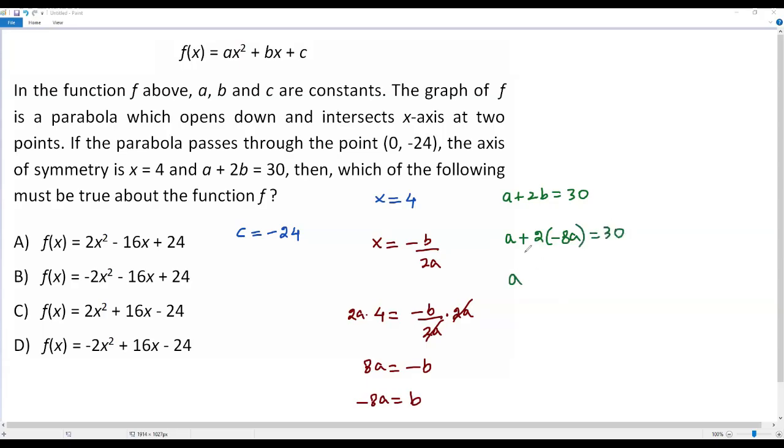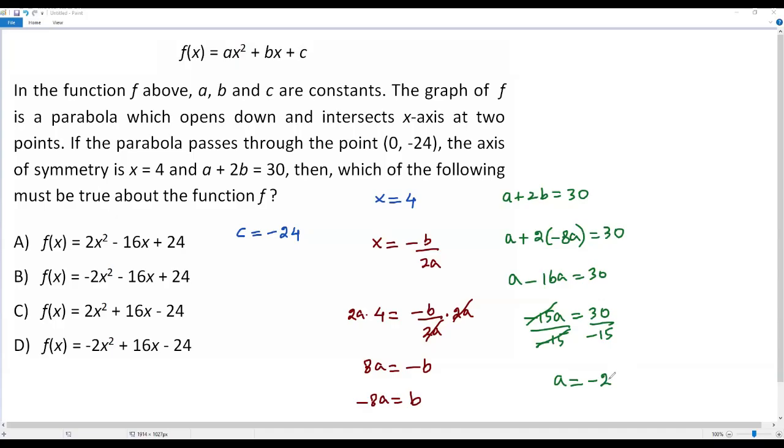Then I get a plus negative 16a, which is negative 15a, equals 30. Let me divide both sides by negative 15. The negative 15 cancels out, leaving a on the left side. On the right side, 30 divided by 15 is 2, but we have a negative sign in the denominator, so a equals negative 2.